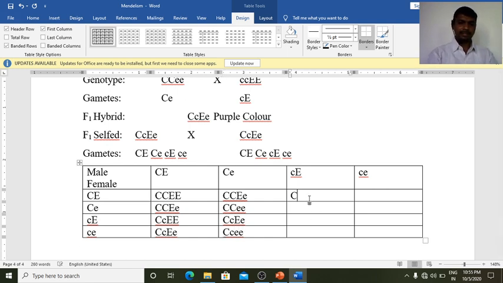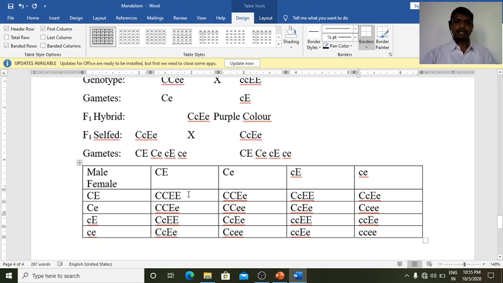Here capital C, small c, capital E, capital E. Capital C, small c, capital E, small e. Small cc, capital E, capital E. Small cc, capital E, small e. Here capital C, small c, capital E, small e. Capital C, small c, small e, small e. Small cc, capital E, small e. Here all small cc, small e.